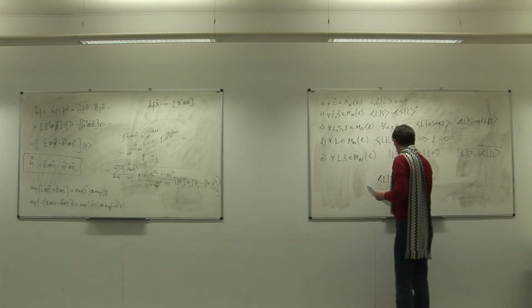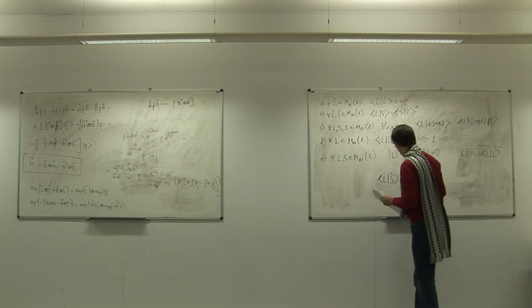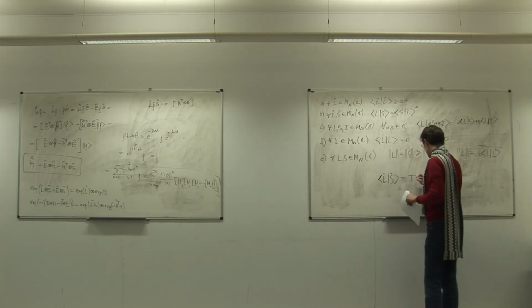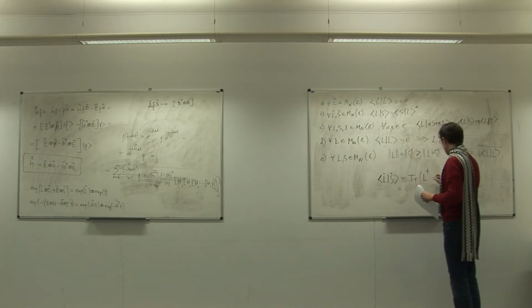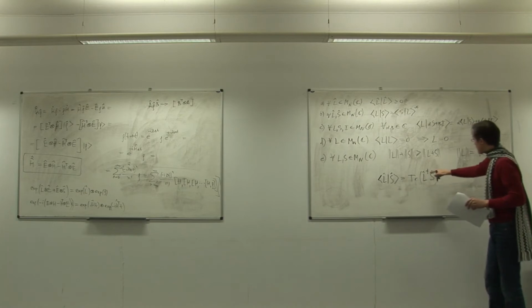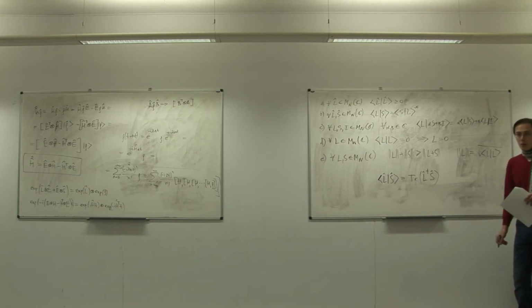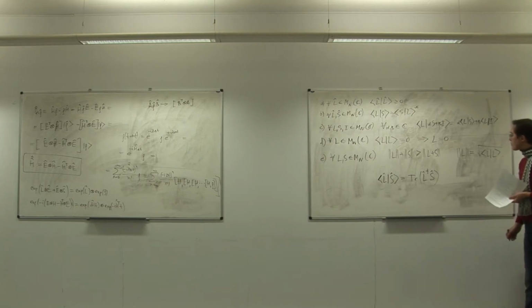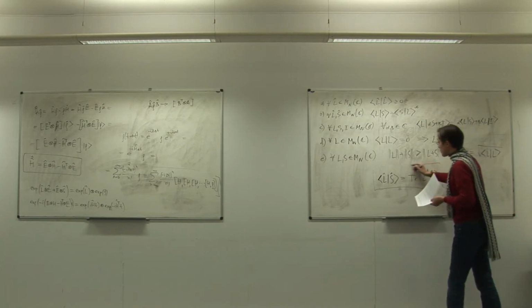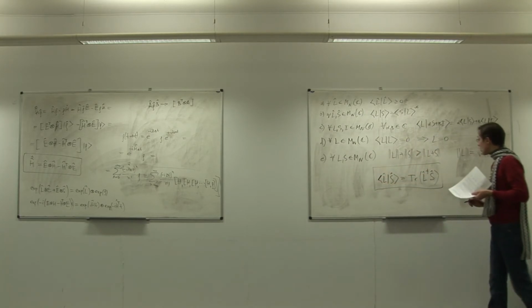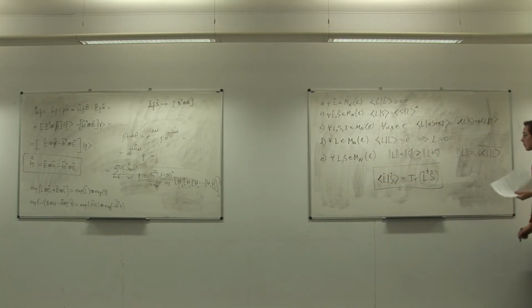L scalar product S will from now on be defined as a trace, so sum of the diagonal elements, of L Hermitian conjugate S, where the Hermitian conjugate is a conjugate transpose operation. So you conjugate every element and then transpose the matrix. So this is the scalar product on the space of matrices, or equivalently operators.